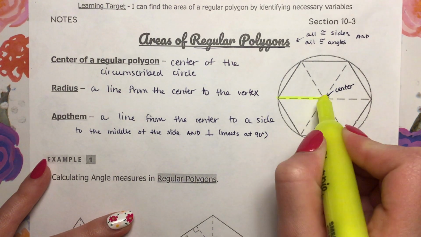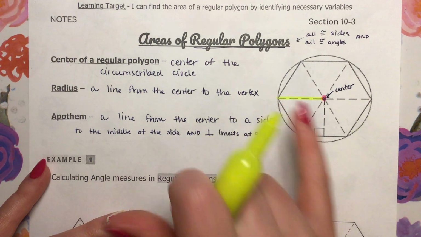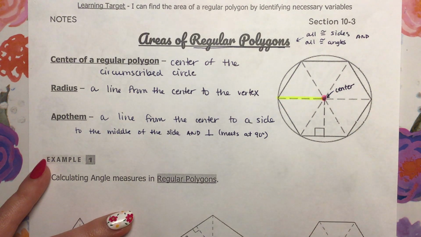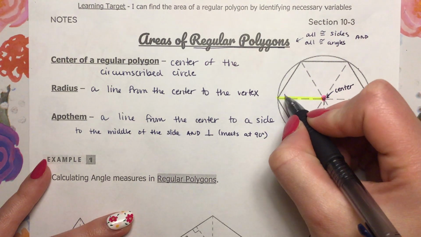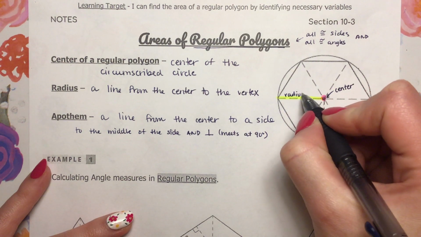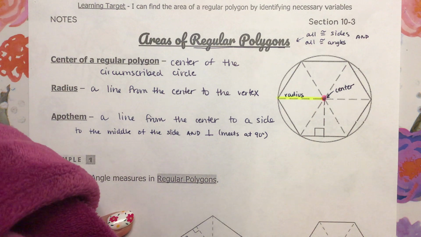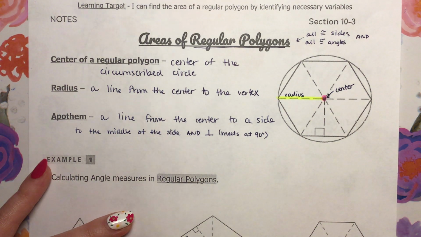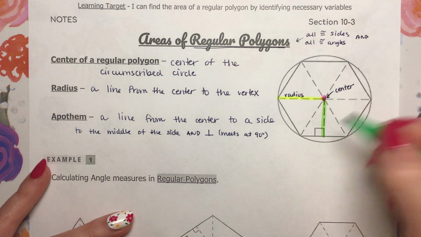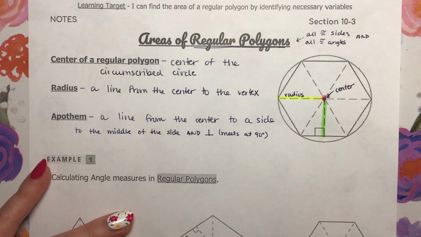Something from the center to a vertex or from the center to a corner of the shape, that is called a radius. But if it goes from the center to an edge or to a side, then that is called the apothem. So I'm going to label that for you as well. That is the apothem.